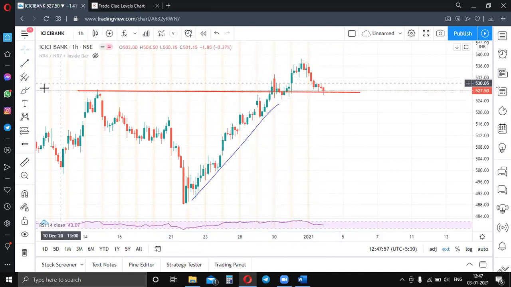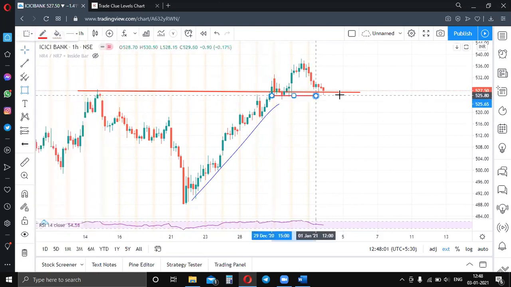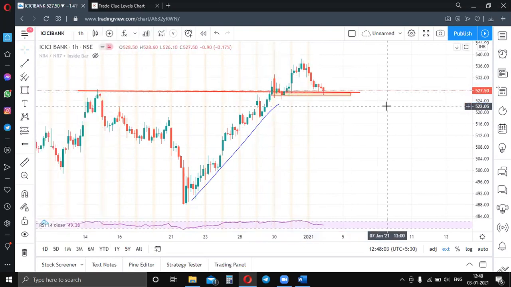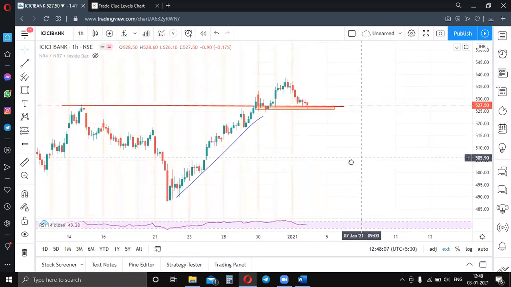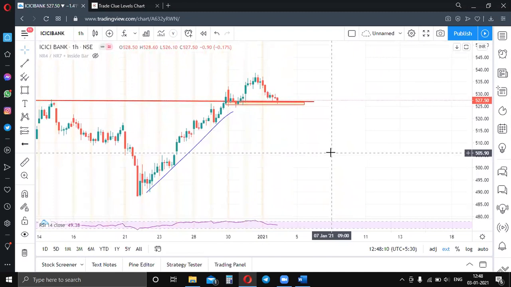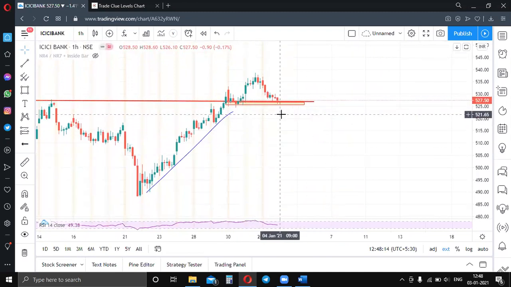Unless we breach this zone, we cannot go shorting ICICI Bank. These two banks, HDFC and ICICI Bank, carry more than 50% weightage in Bank Nifty. If I get a clear breakdown from that zone, I can see opportunities for shorting Bank Nifty or going for buying puts as well.